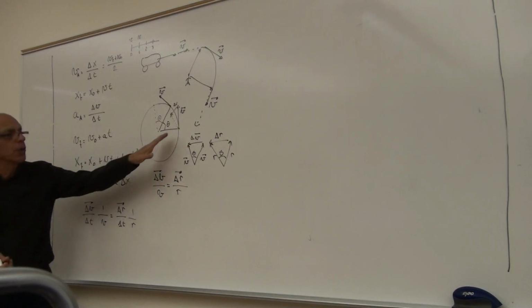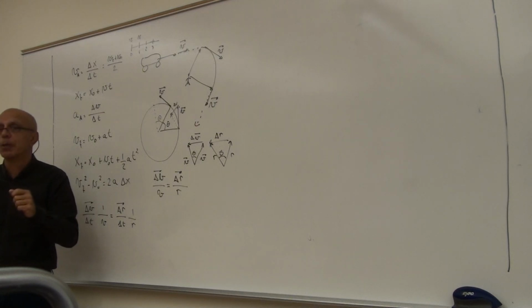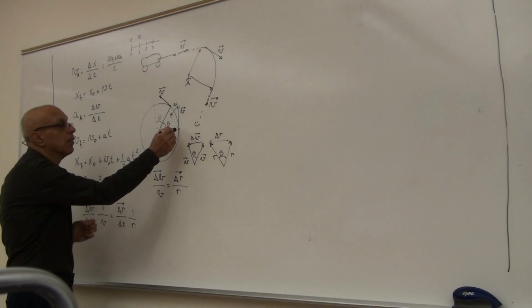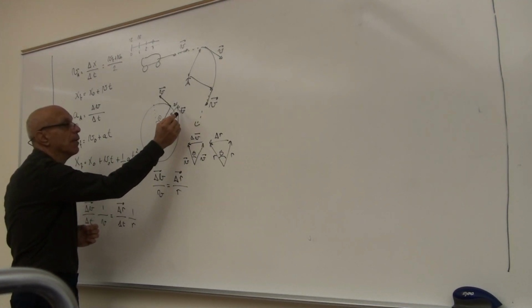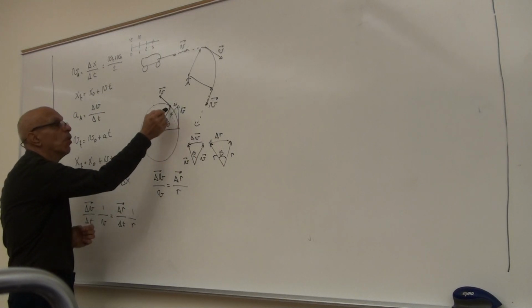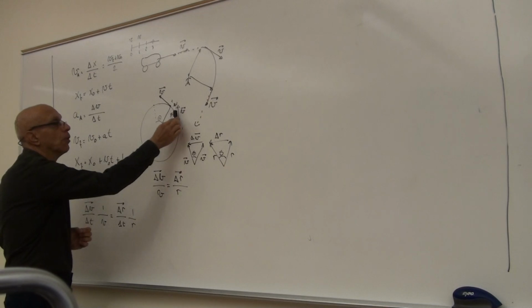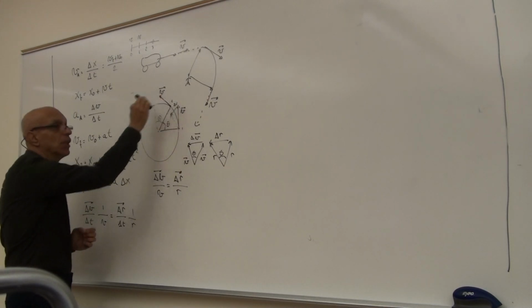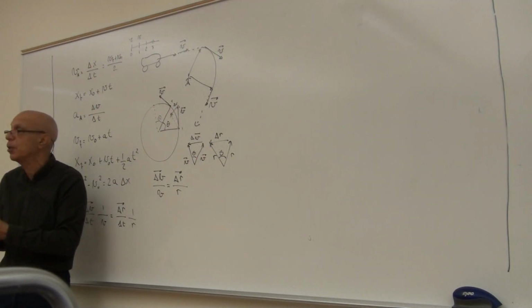So, in uniform circular motion, we have this object that has a velocity going that way. Then it moves to, this is position 1, this is position 2. The same velocity that was going this way is now pointing this way. It's the same speed, the same magnitude, but the angle has changed.